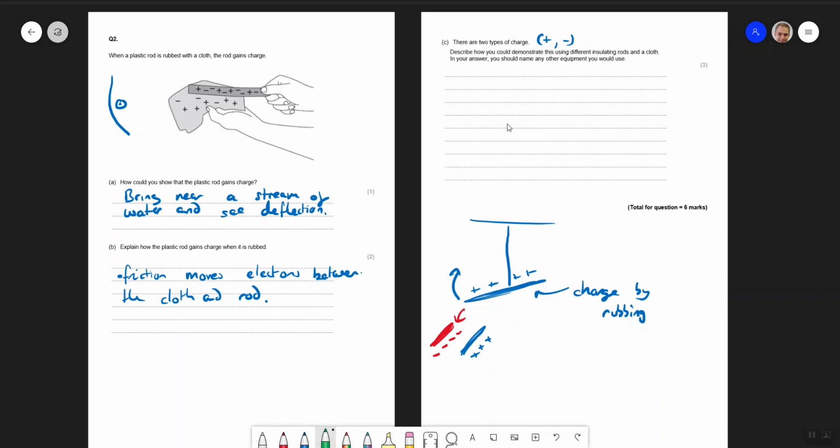So we'd suspend a rod and charge it by rubbing, and then bring an identical rod near and observe repulsion.